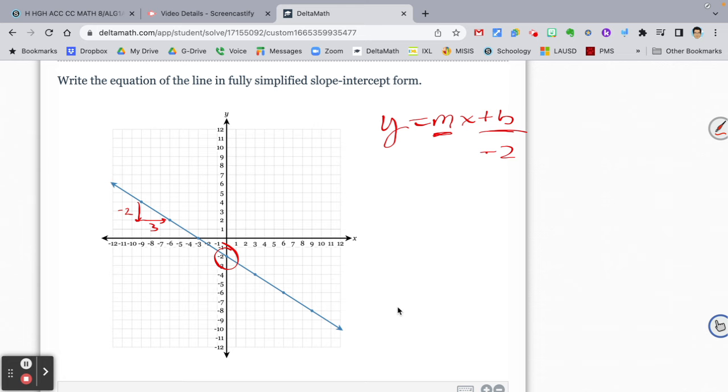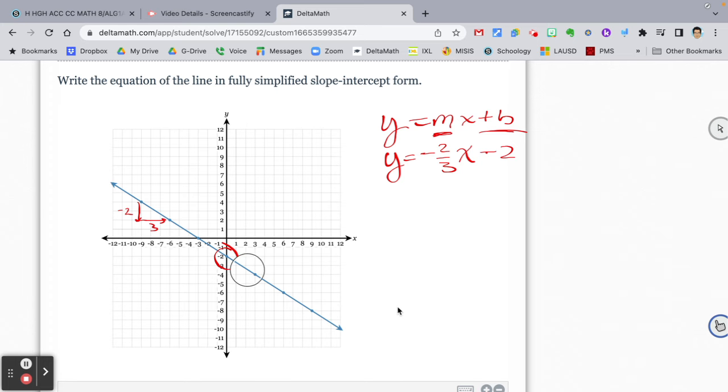So the slope is -2/3. So there's my equation. Y equals -2/3 x minus 2.